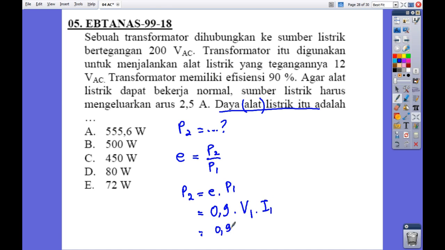So 0.9 times 200 times 2.5. What do we have here? P2 equal to 180 times 2.5. So it's 450 watt.